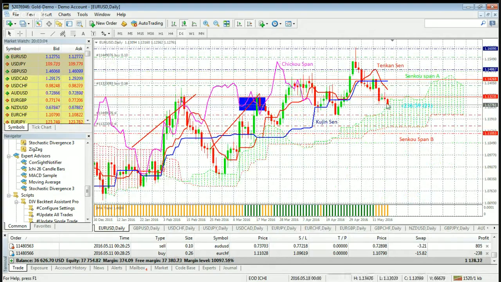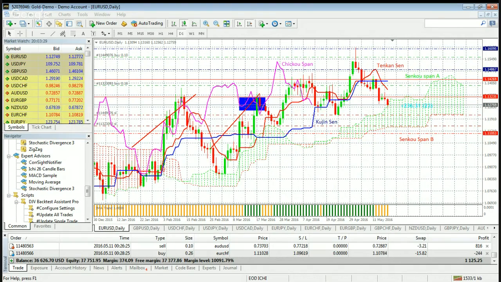So we could be seeing a couple of things happening here. Scenarios are as follows. On the Euro US, this is moving into the cloud. So first things first, what's most likely going to happen?